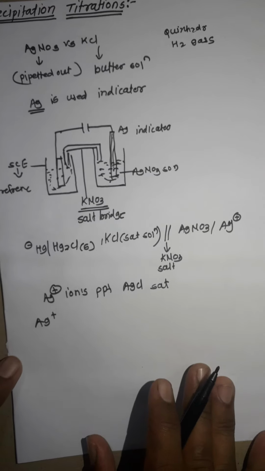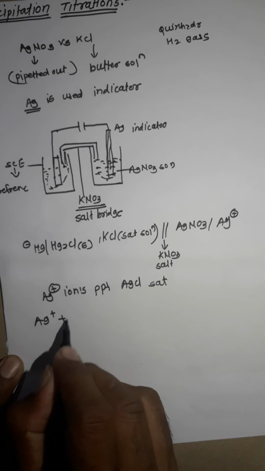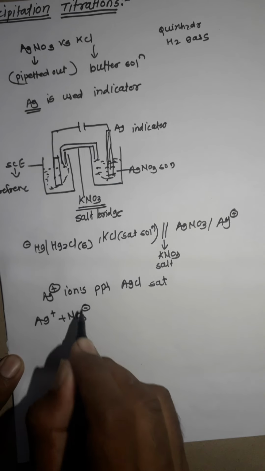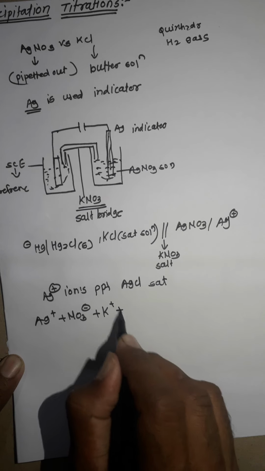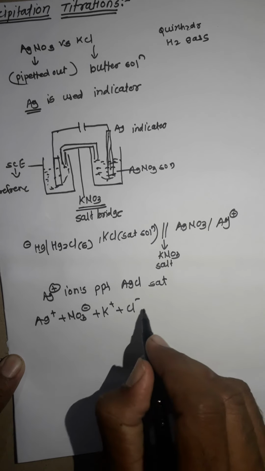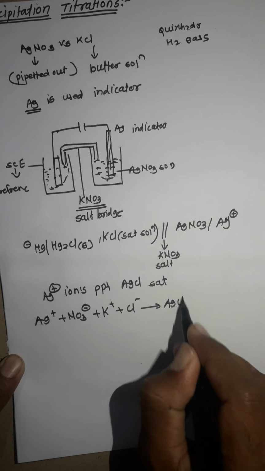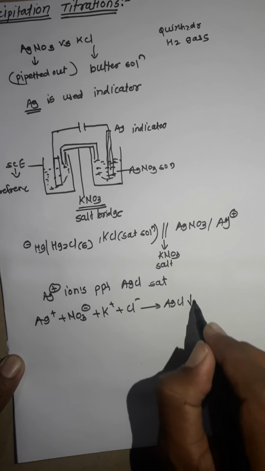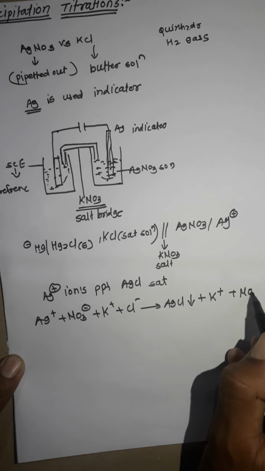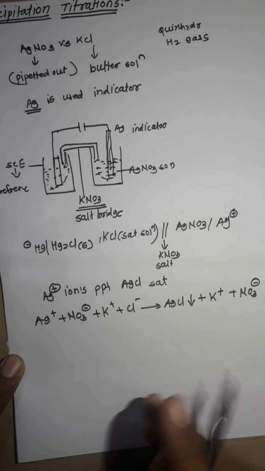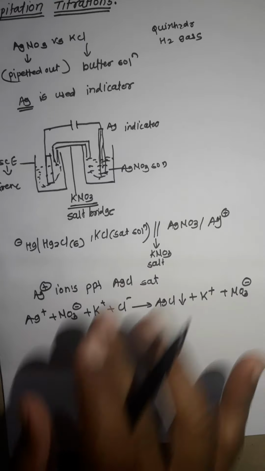See, Ag+ NO3- plus K+ Cl- gives AgCl plus K+ and NO3-. This reaction is carried out in this titration.